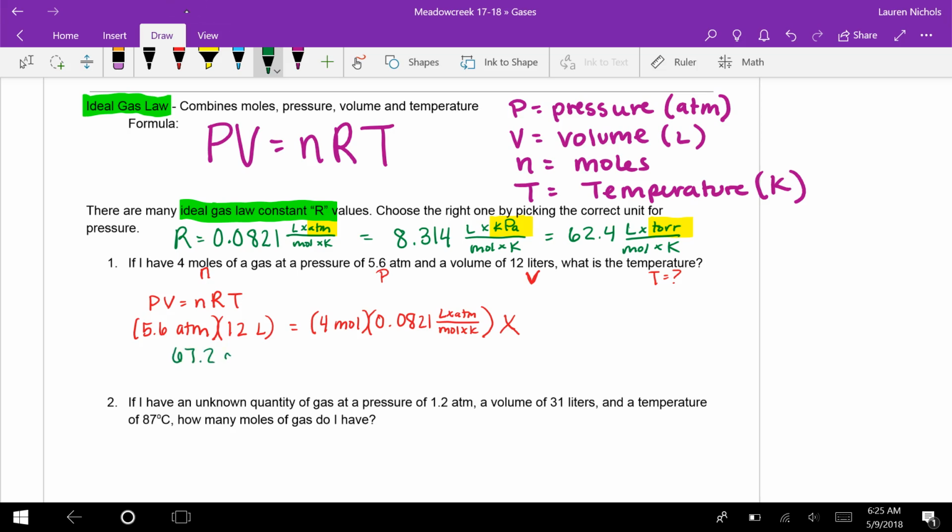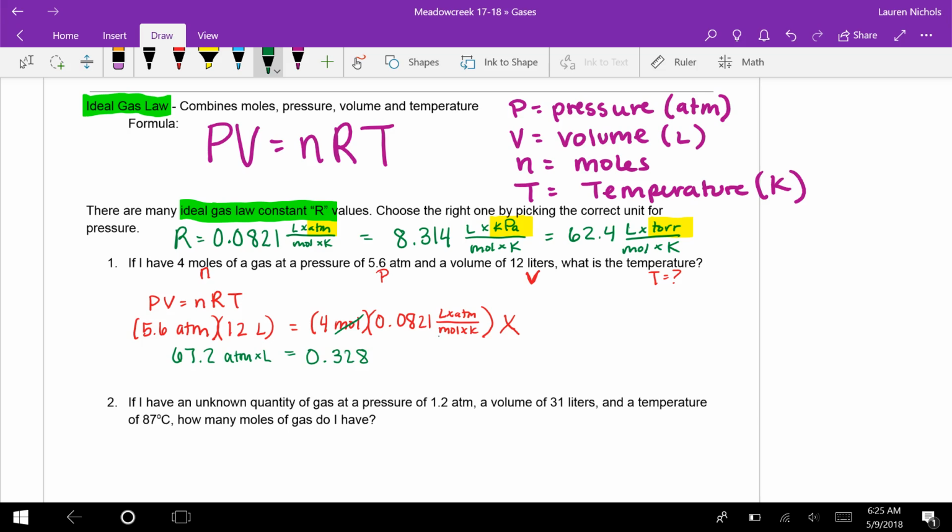you're going to get 67.2 atmospheres times liters, and that's still going to be equal to, and I'm going to simplify the right by multiplying 4 times 0.0821, and you get 0.328.